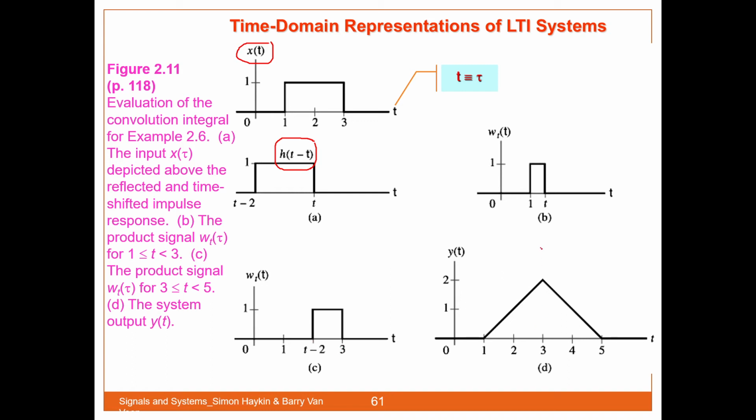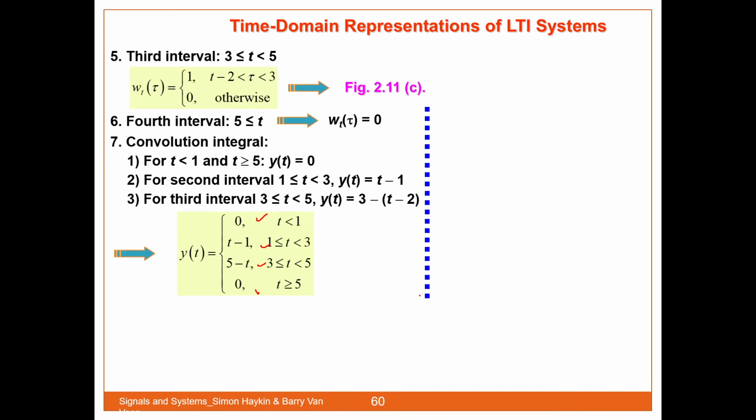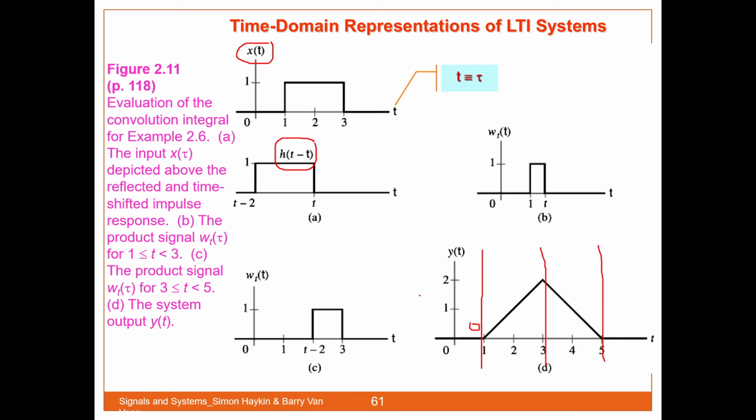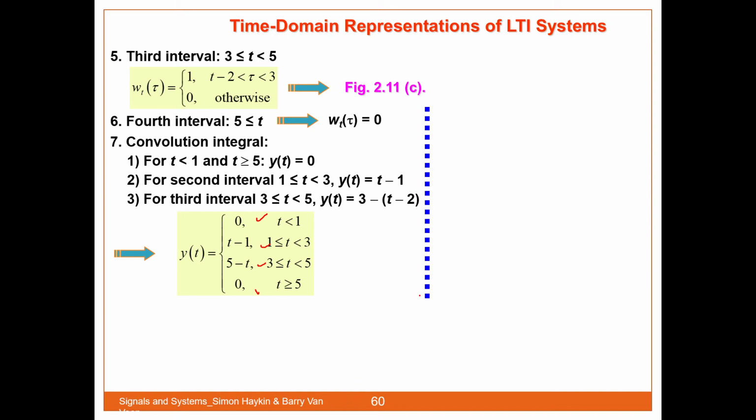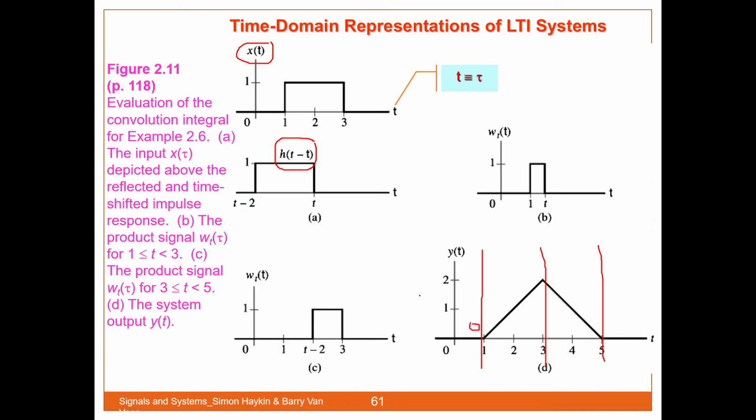Then you divide it into 4 regions. This one is 0, this is the equation t minus 1. If you check here, it will be t minus 1, and here is 5 minus t. And then this is 0.